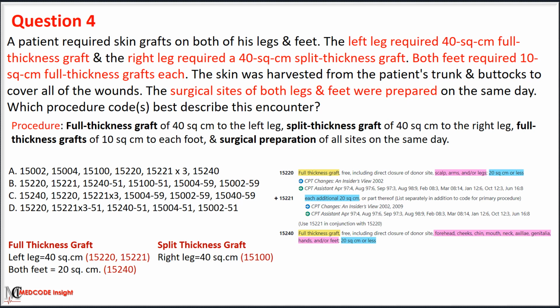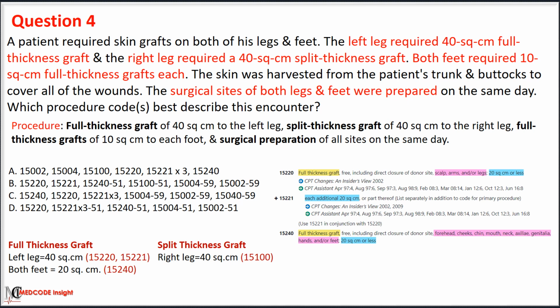We will eliminate the options based on size. First, we need to determine the size of both types of graft. The full thickness graft for the left leg is 40 square centimeter, represented by the code 15220 and 15221, while the graft for both feet is 20 square centimeter, represented by the code 15240.